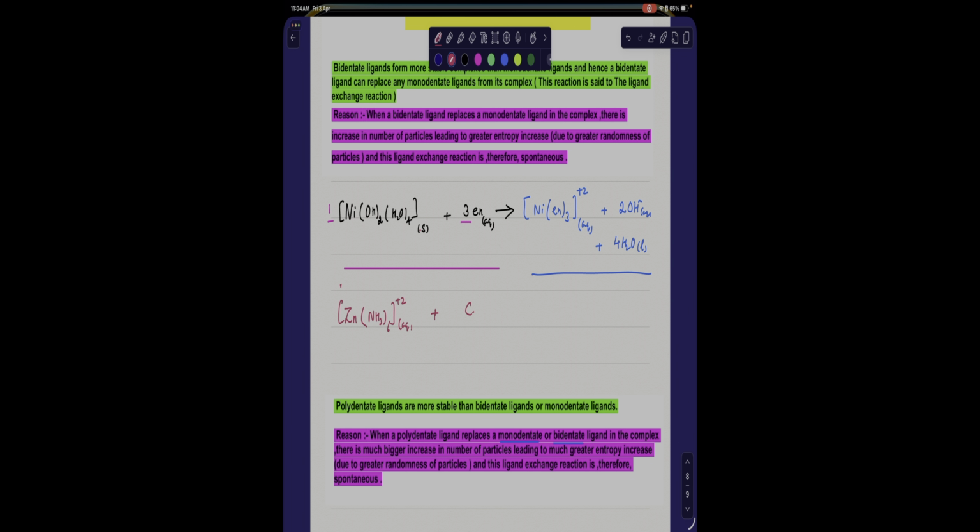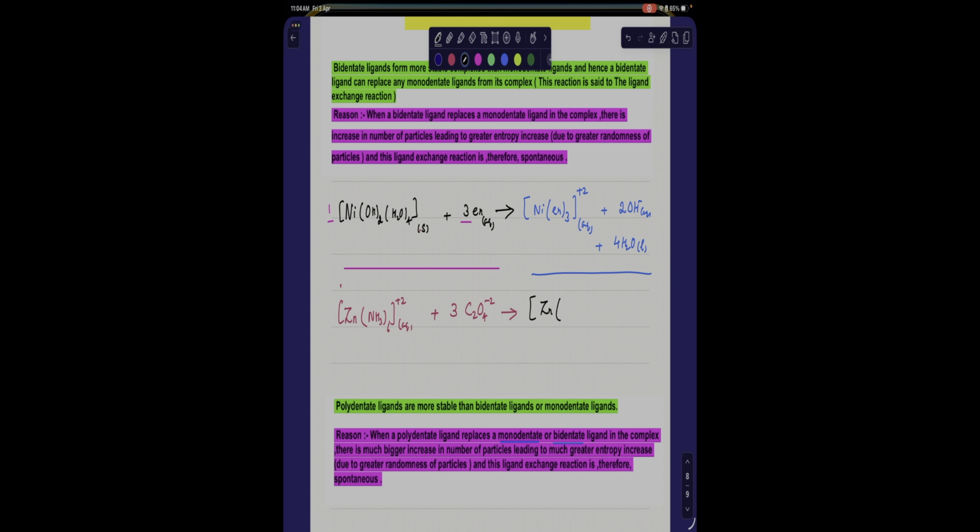You will be remembering the formula of the ion is C2O4 2-. Again, I have to take 3 of the ligands, because of the same reason, because one bidentate can form 2 dative bonds, so we have to always take 3 bidentate ligands. So these ethanedioate ions are going to replace all the ammine ligands. So the complex we will be getting will be like that. Please look at the charge, okay? There will be a change in the total or overall charge of the complex.